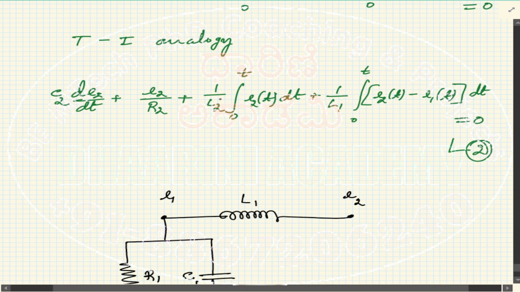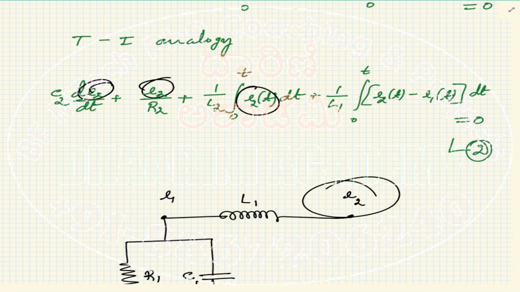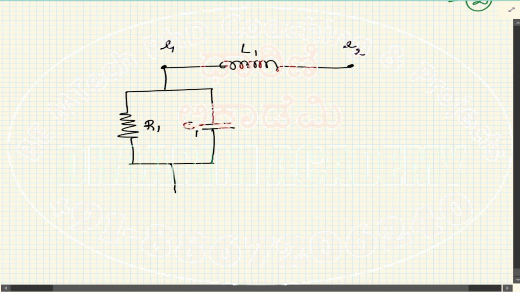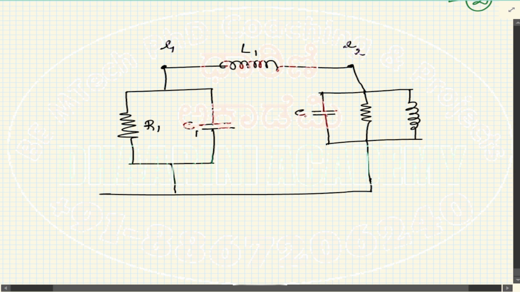And then the parallel components correspond to only E2. If you have just E2, that's corresponding to this node. We can see that C2, R2 and L2, they are in parallel. So those three components, C2, R2, L2, are in parallel. Okay, now where is the supply?